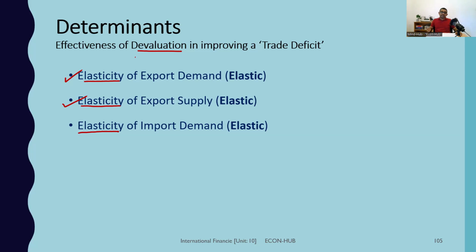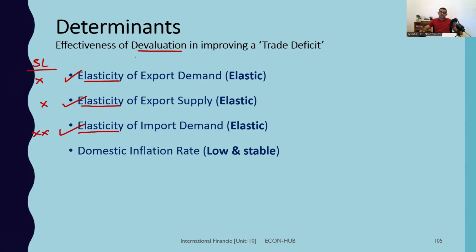Import expenditure, in fact, will increase because of the inelastic nature of our imports. So if you want this to work, import demand should be elastic. That is, when the price increases due to the devaluation, we should be able to make a big reduction in the quantities that we import. But Sri Lanka can't do that actually. By the way, for Sri Lanka, unfortunately all 3 of these points are not favorable, especially the third one.